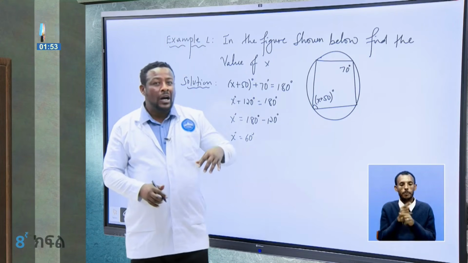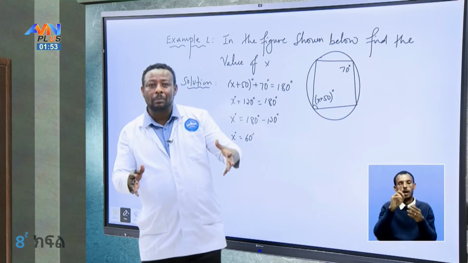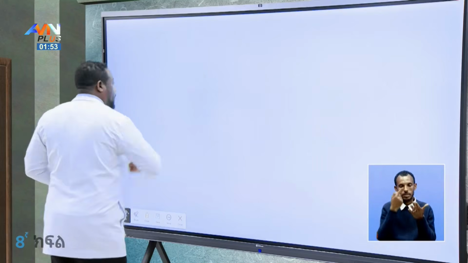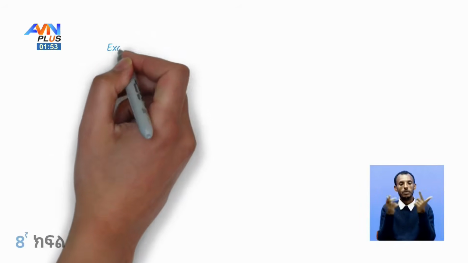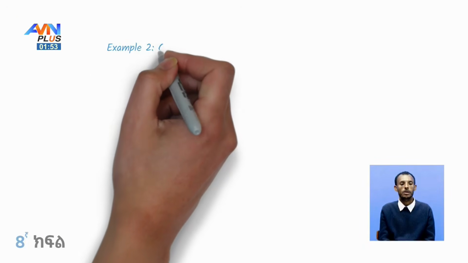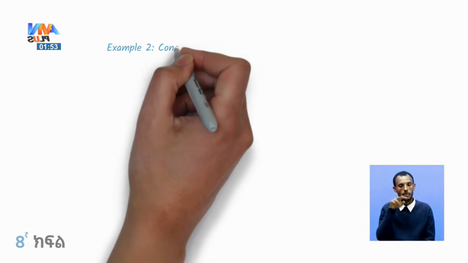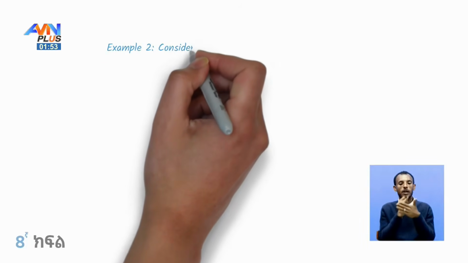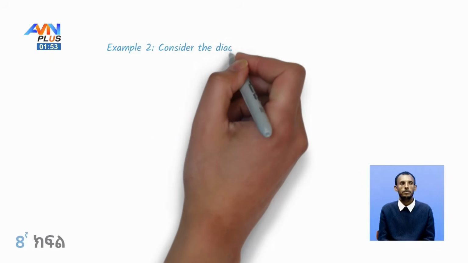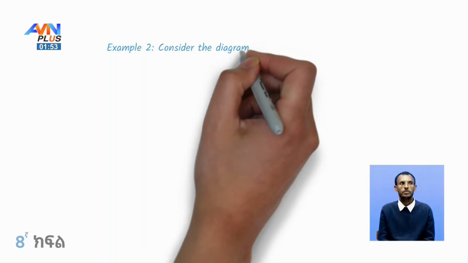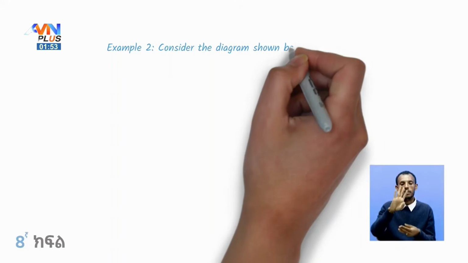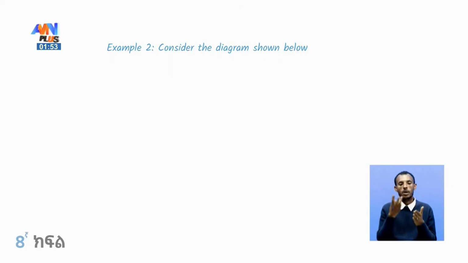Okay, now I will give you one more simple example, then we conclude our lesson. Look at this one. Example 2. Consider the diagram shown below. Our diagram contains a cyclic quadrilateral with certain information.